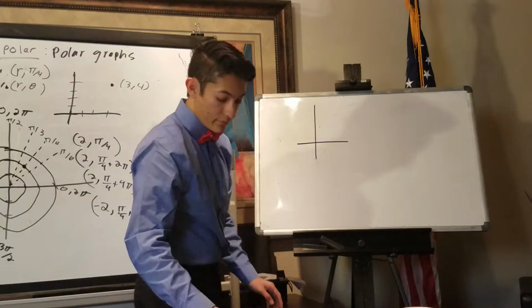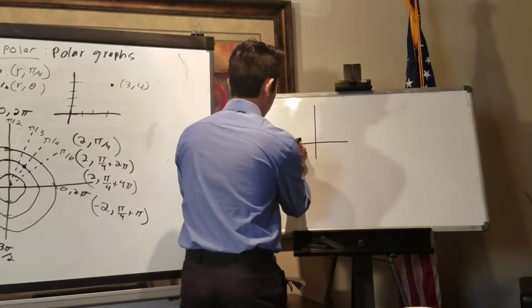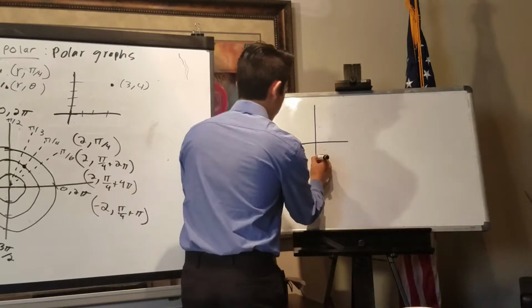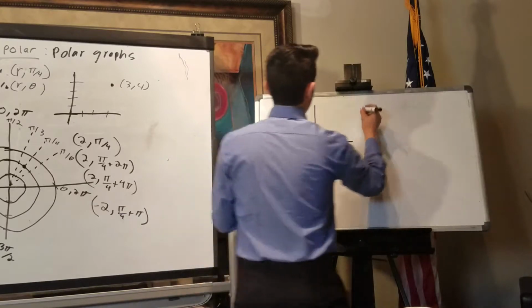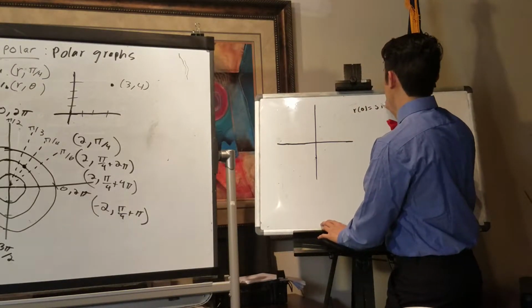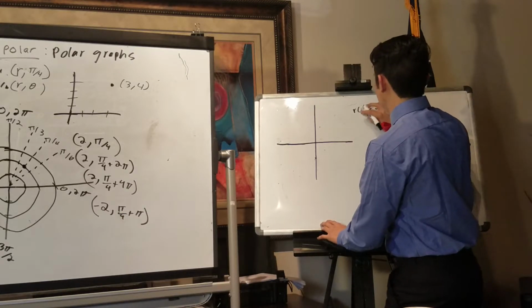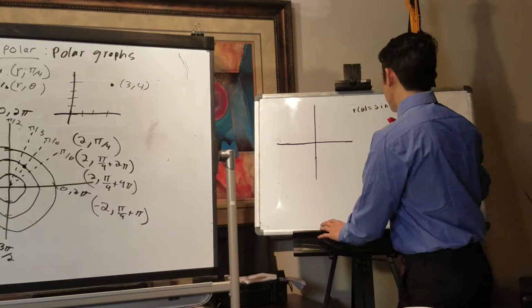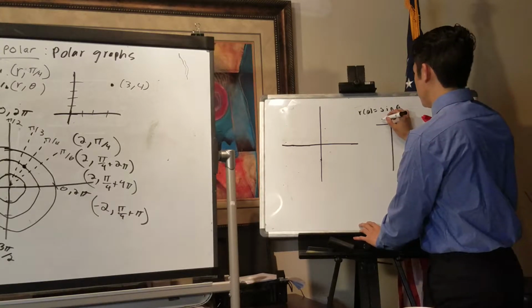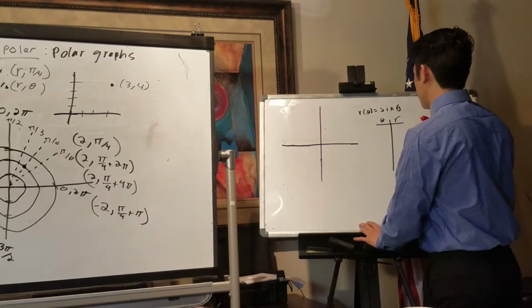So for example, let's take another graph. And we will graph here a simple function of r of theta equaling sine of theta. Now, let's make a table of values to see how this happens.